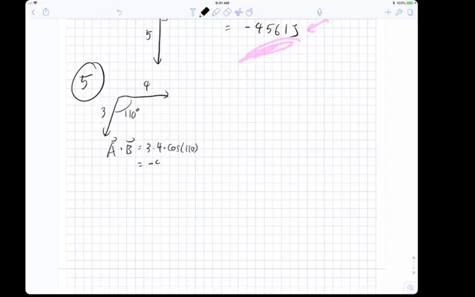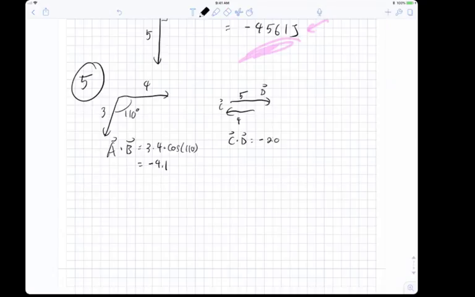Minus 4.1, whatever it is. All right. D looks like that, and it's 5. C looks like this, and it's 4. So C dot D, there's 180 degrees between them, so it's going to be minus 20. Minus 4 times 5.